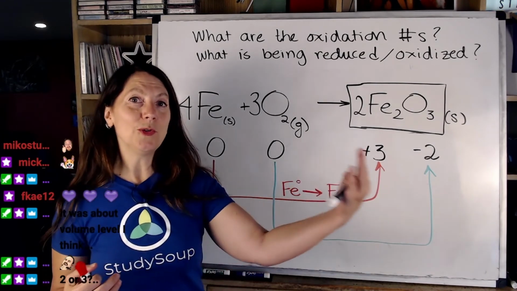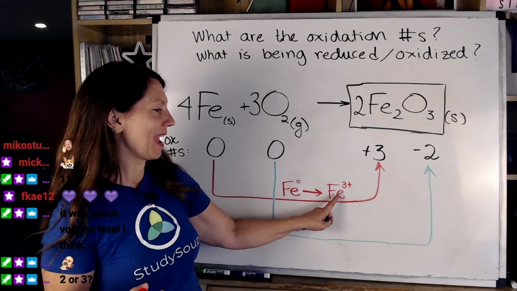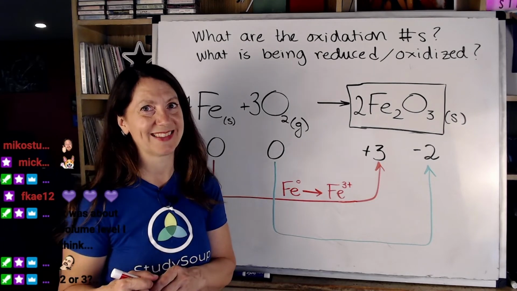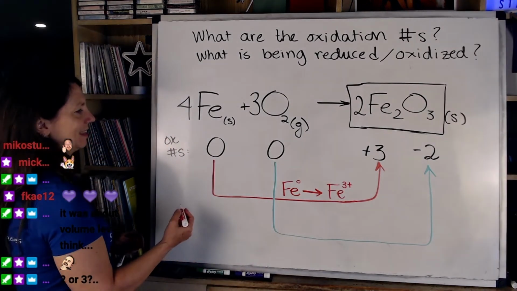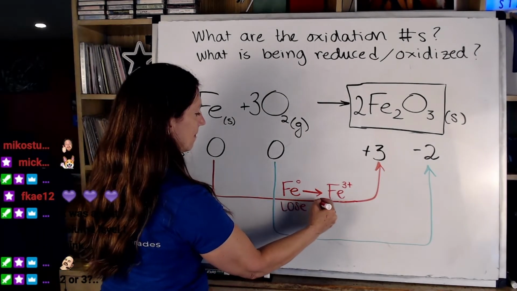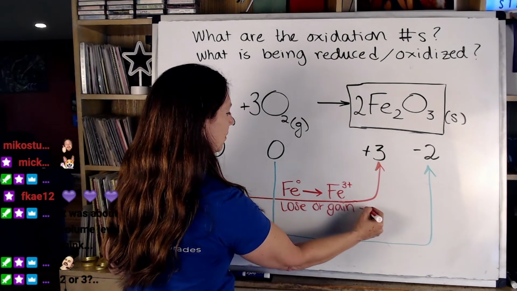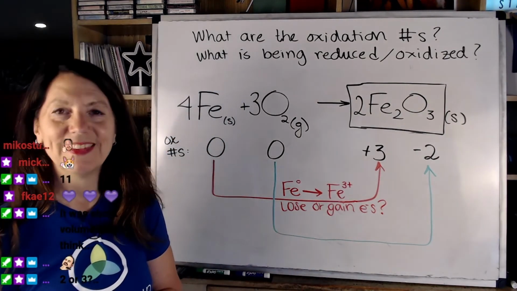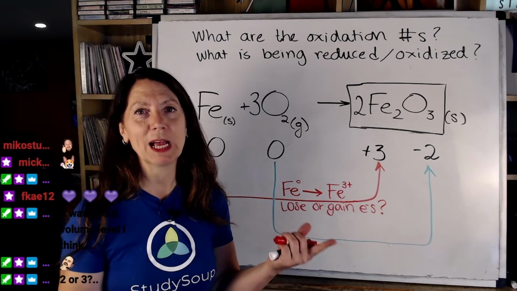Did it lose 3 electrons and become iron +3, or did it gain 3 electrons? So did it lose or gain electrons? You have a 50-50 chance if you're flipping a coin.